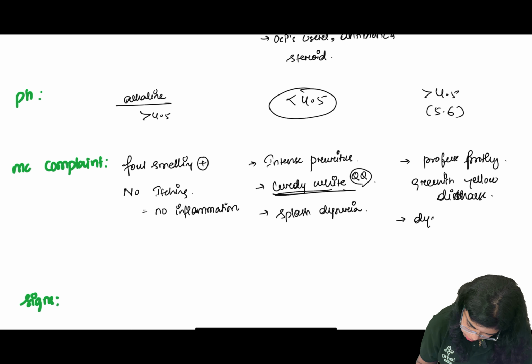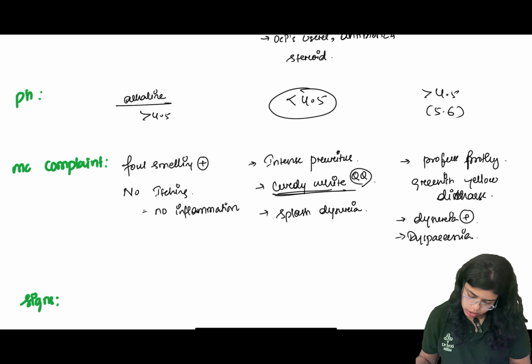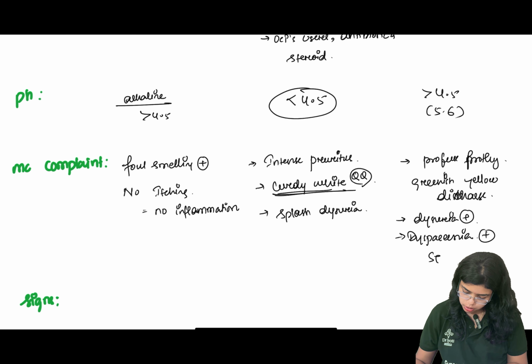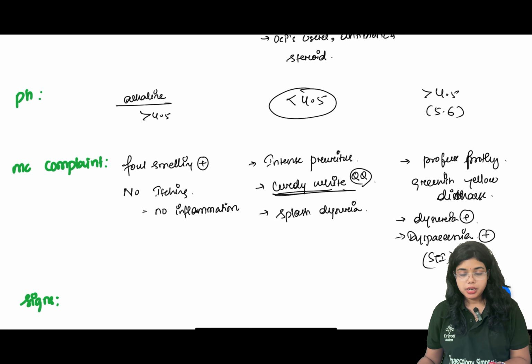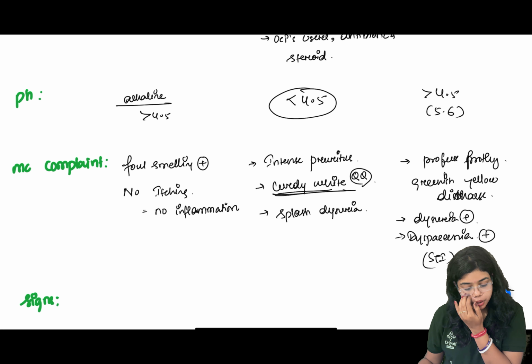Also there will be dysuria and dyspareunia. It is an STI, a sexually transmitted disease. That means we need partner treatment when we are treating trichomoniasis.